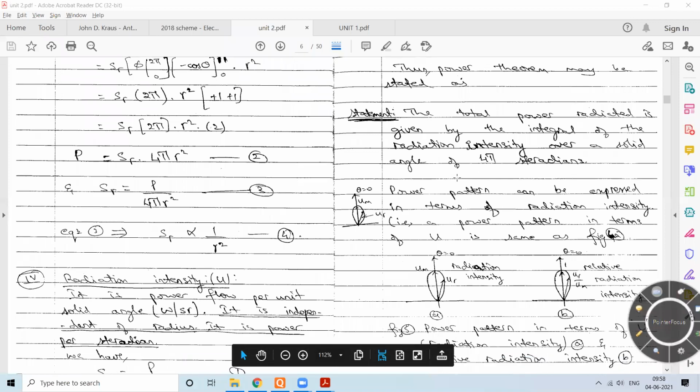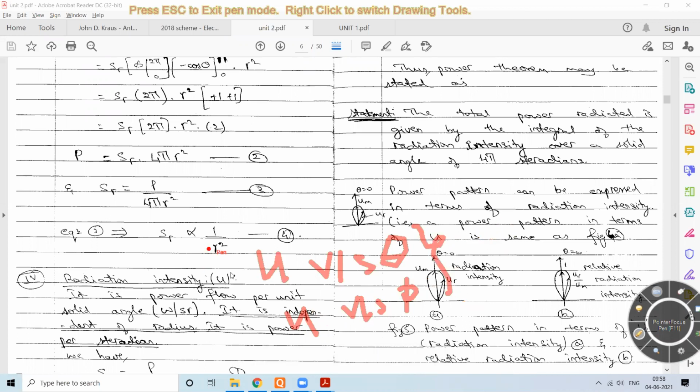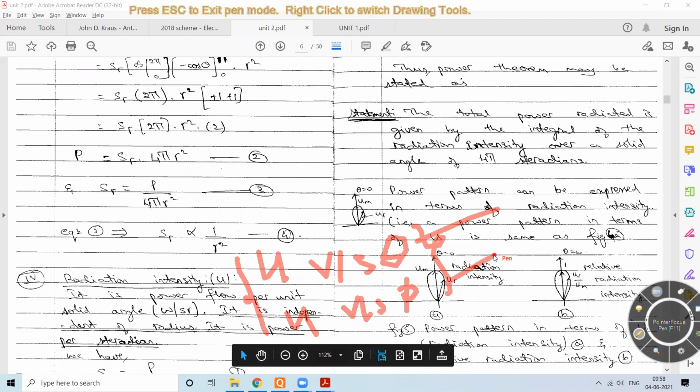Again, when we are speaking of radiation intensity, we can plot radiation intensity against theta and radiation intensity against phi. This will give me the intensity pattern, or sometimes we also term it the power pattern. This gives me a two-dimensional representation.